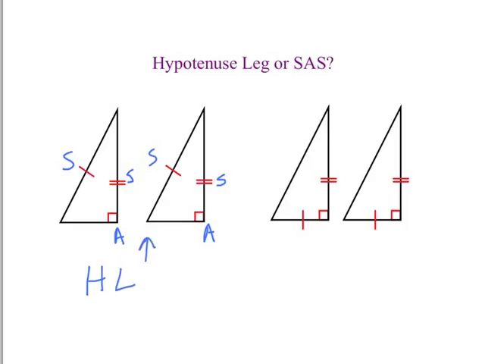In this next example, we see that the angle is the included angle. In other words, the angle that we know something about is in between the two sides that we know something about. And so therefore, this would be a side-angle-side proof. It's going to be important to keep these straight.